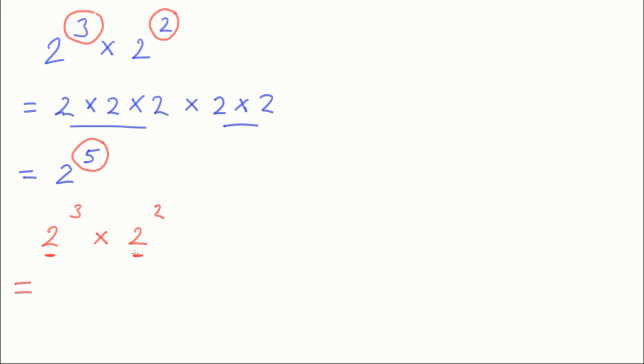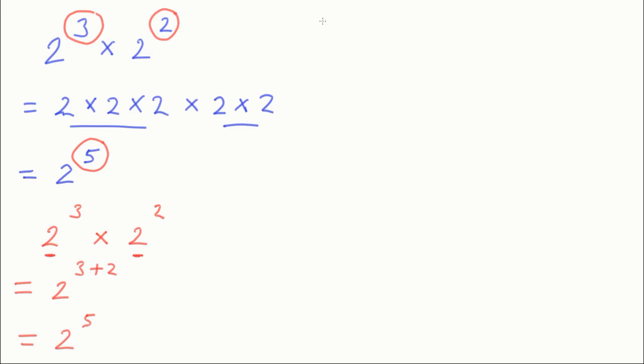So we have the same base to start with, which is what you need to be able to use the first index law. Keep the base just means write it down again. So there's the 2, and then add those powers together, and that's equal to 2 to the power 5. That's pretty much all there is to that index law: keep the base and add the powers.